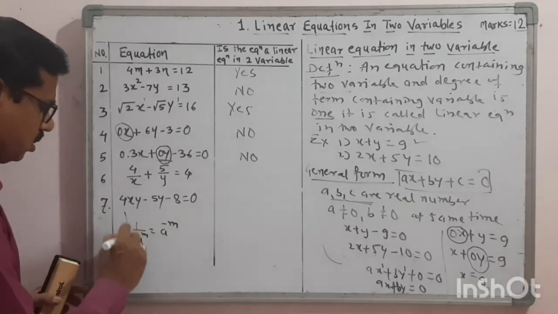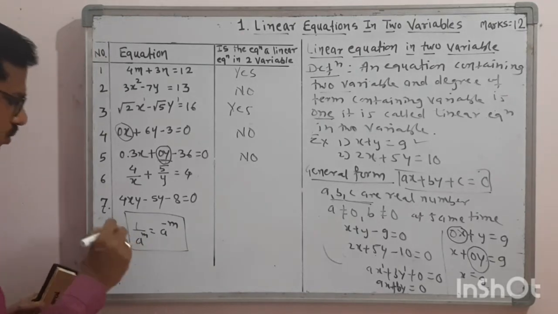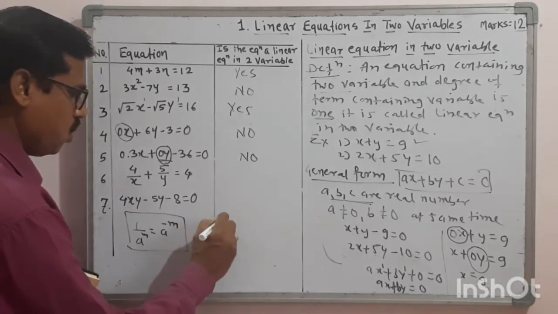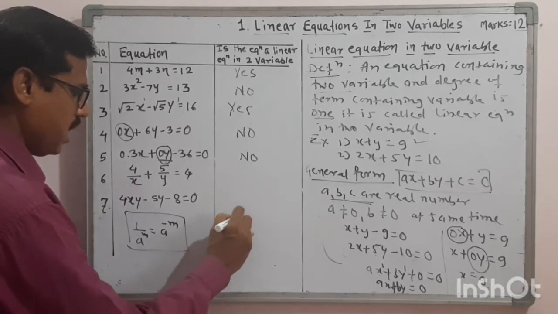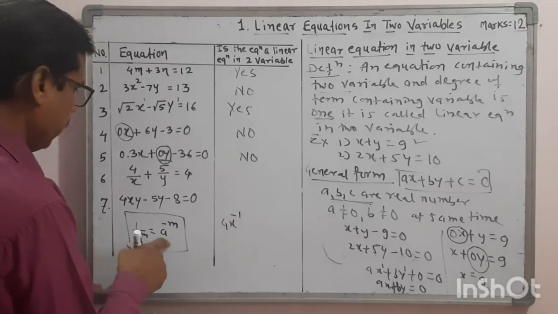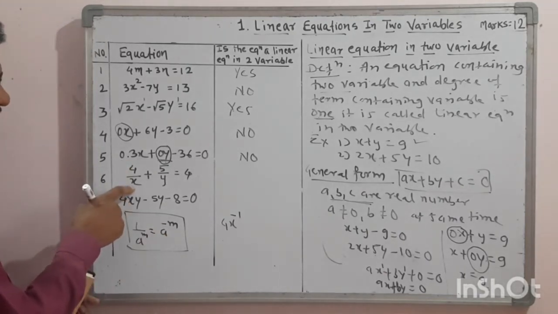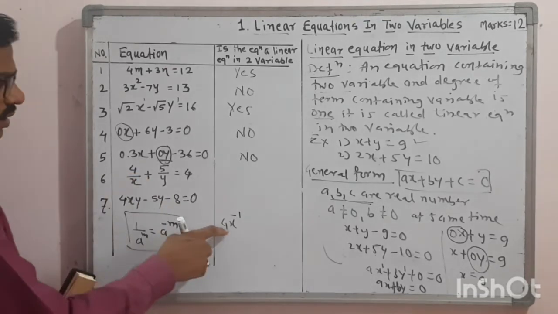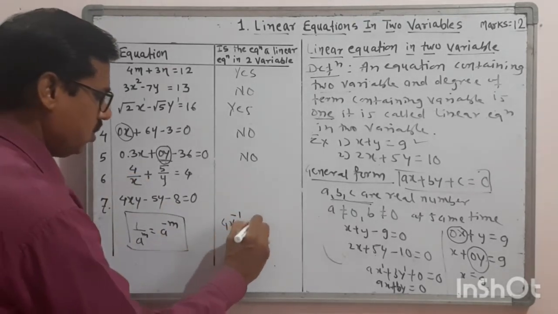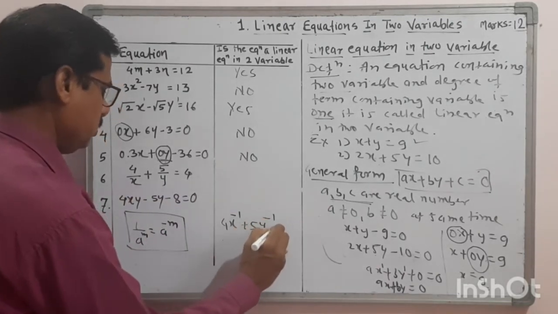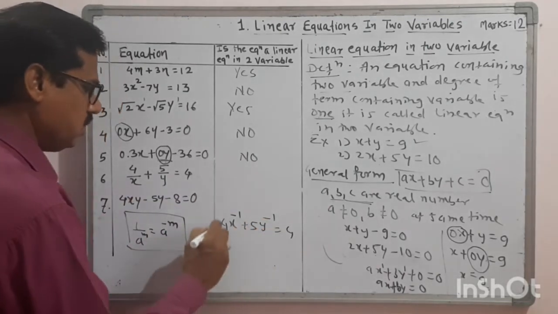We have seen this rule in standard 7 and 8. So 4 upon x means 4 x raised to minus 1. If x is taken into the numerator, we get x raised to minus 1. Plus 5 y raised to minus 1 is equal to 4. Such a type of equation we get.